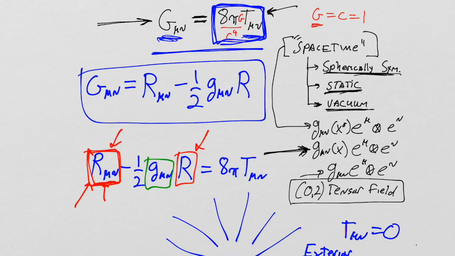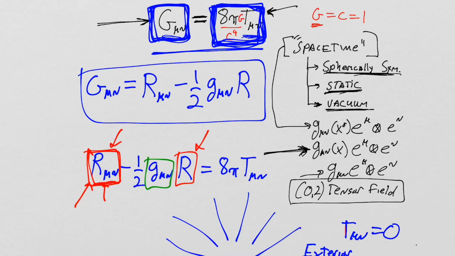Matter and energy on the right-hand side deforms space-time on the left-hand side, right? Matter and energy goes in on the right, space-time is curved on the left. All the metric of space-time is on the left, and the matter-energy is on the right. So if you're in the vacuum, you have no matter-energy, so this side is 0.